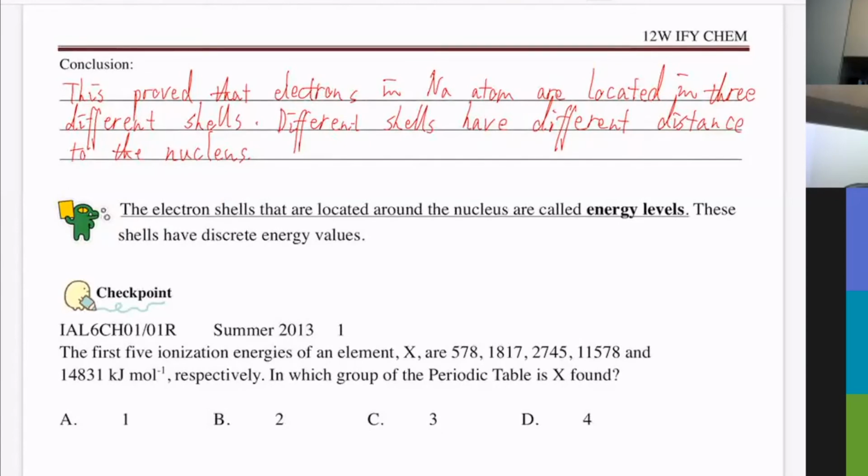But at this stage, you just need to remember that different energy levels have different distances to the nucleus. That's enough.